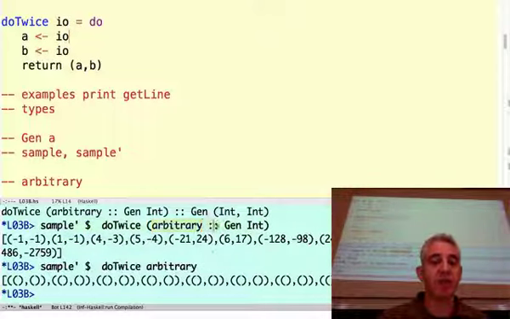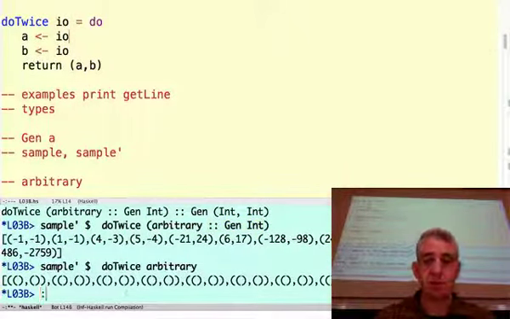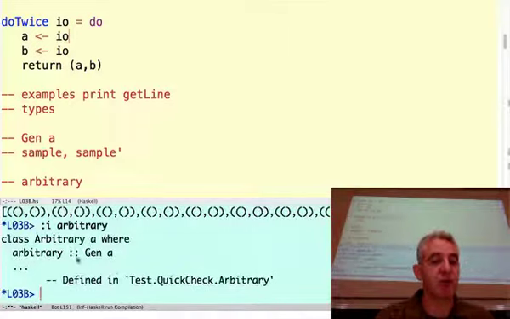And one way of doing that would be to do this. So arbitrary itself is a function defined in the Arbitrary class, it has this type, and it's defined in this submodule.